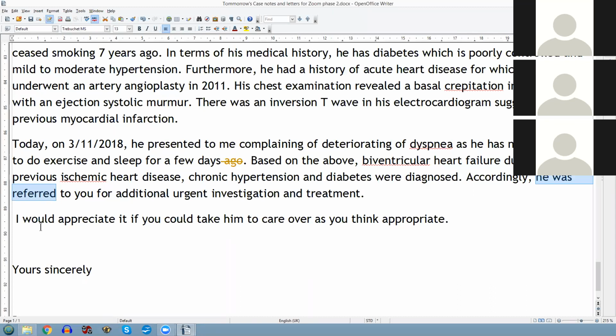We'd appreciate if you could take him to care over. Okay. If you could take him to care over as you think appropriate. That's slightly awkward wording. If you could take him to care over. I suppose you mean if you could take him into your care, maybe, but that's not correct word order.